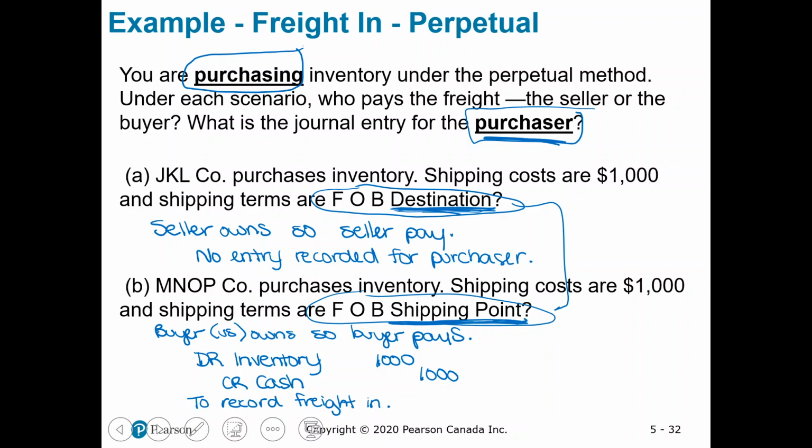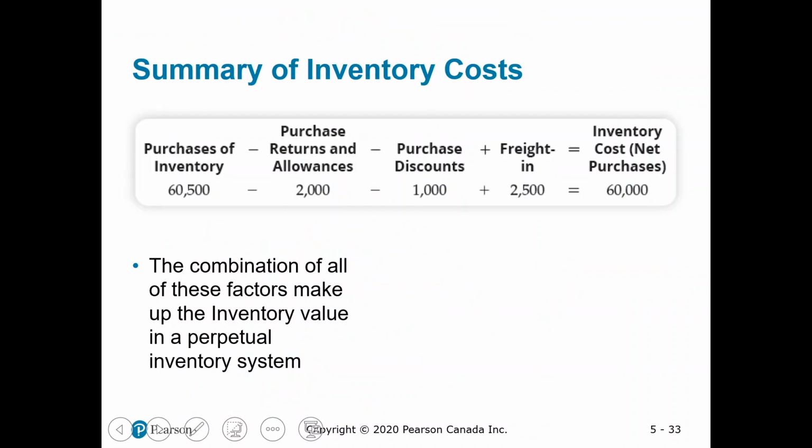Okay, so that is freight in, and that's the final type of inventory cost on the purchasing side that we're going to look at. So it's just a little summary here, and there's an example with numbers. So we have a purchase, we could have returns or allowances, which decrease the cost of inventory. If we pay early, we also get a purchase discount, and then freight in is added to the cost of our inventory.